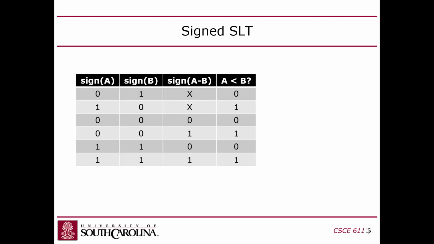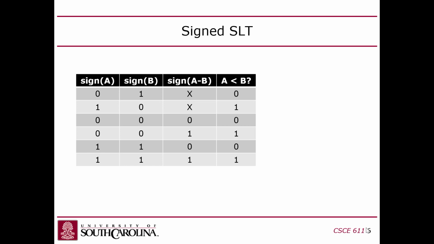So just to refresh your memory, if you're doing a set less than signed, then the way that works internally is you look at the sign bits of the two inputs and also potentially look at the sign bit of the difference between A and B as well.